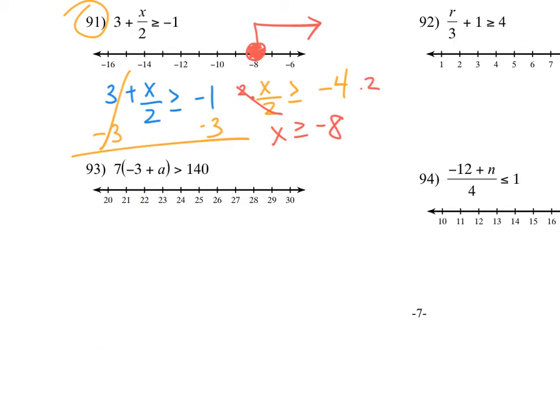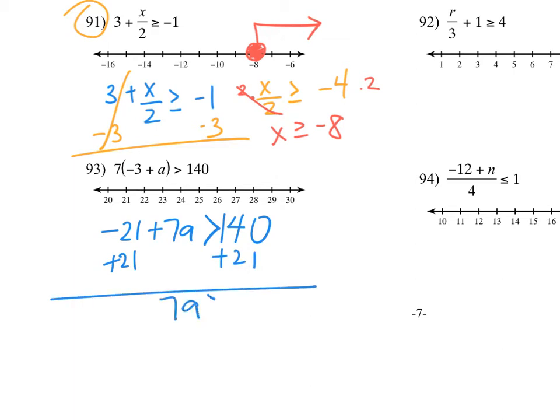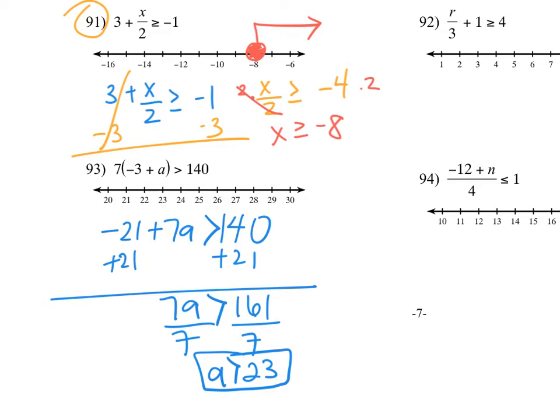So I'm just going to distribute, so I get -21 plus 7a greater than 140, and then I'm going to add 21, so 7a is greater than 161, divide by 7, so a is greater than 161 divided by 7, 23. Now I'm going to go back to my graph. I'm going to look for the number 23. It's going to be an open circle and it's bigger, so it should go that way.